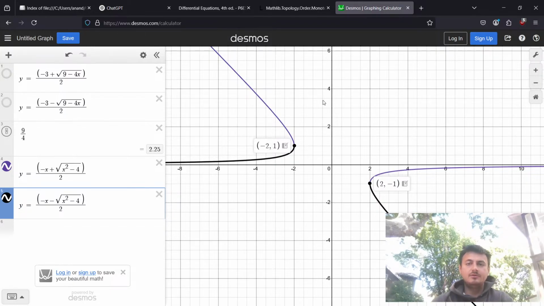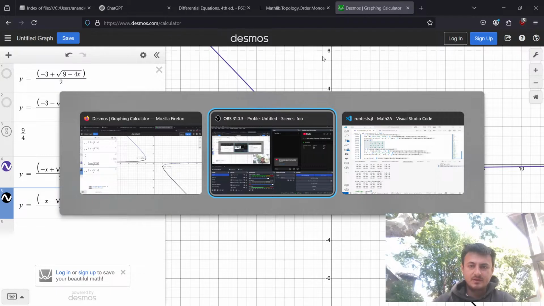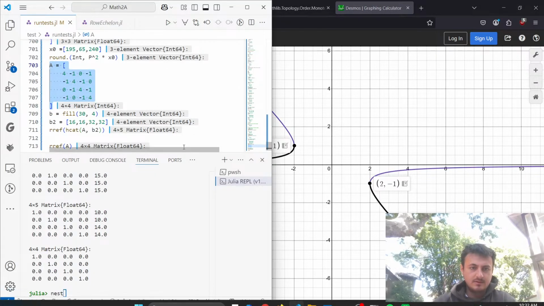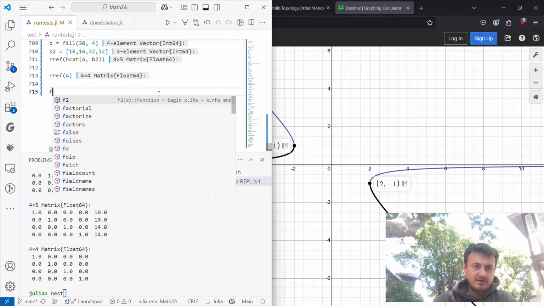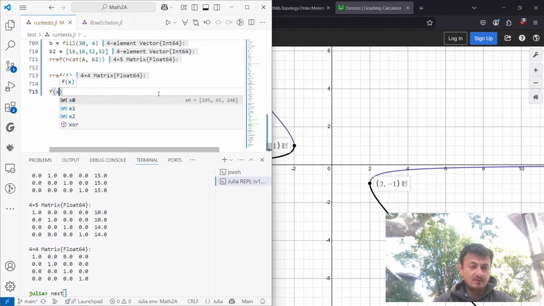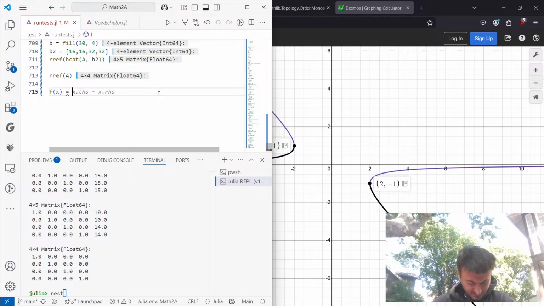Okay, so what I want to do now is this. f of x is equal to x squared plus 3x plus 1.